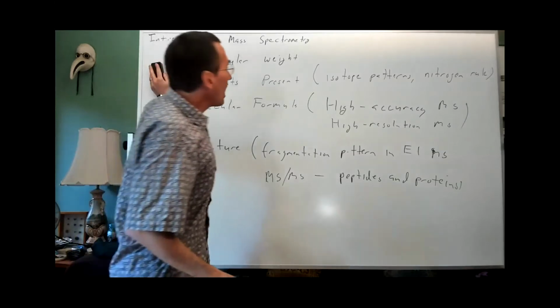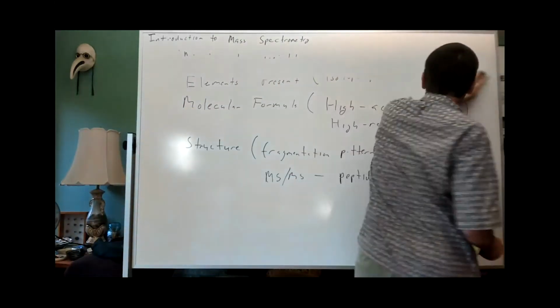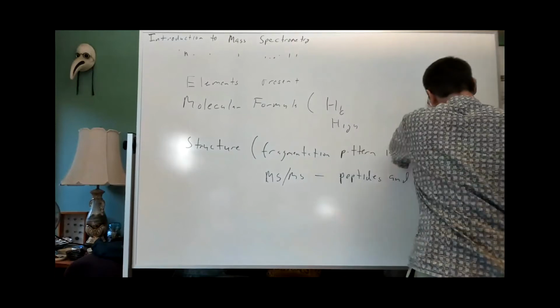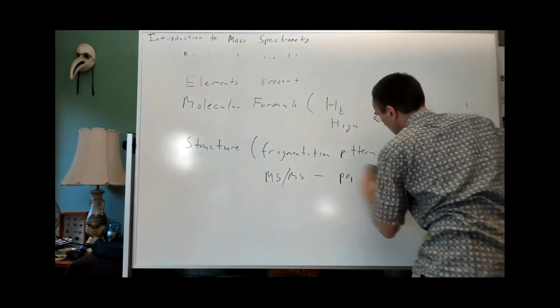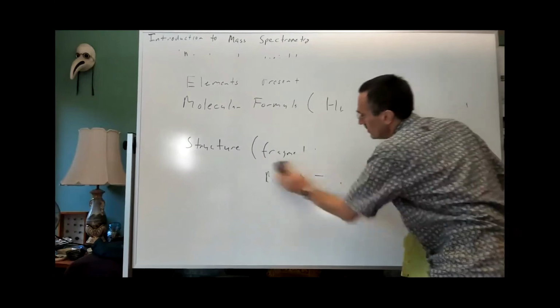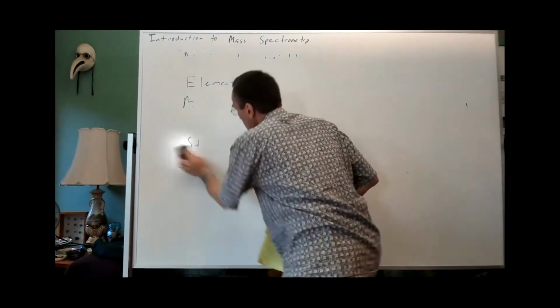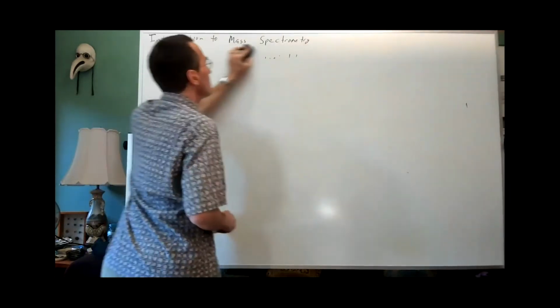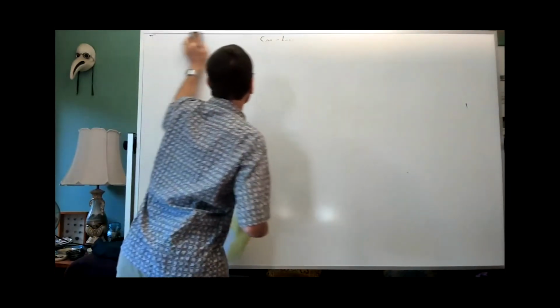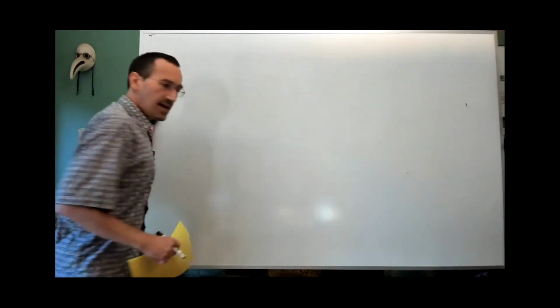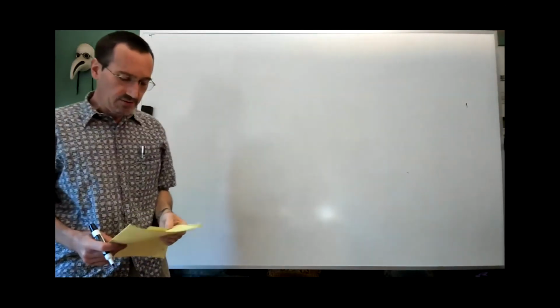All right, so I want to start with something very fundamental, and I think it's easy to lose track of the fundamentals because we're trying to keep a bunch of ideas present in our head as we deal with mass spectra.